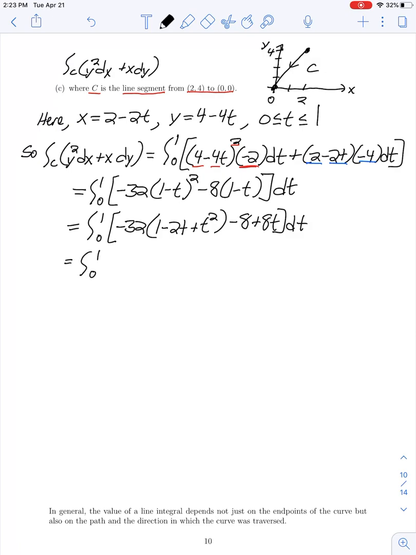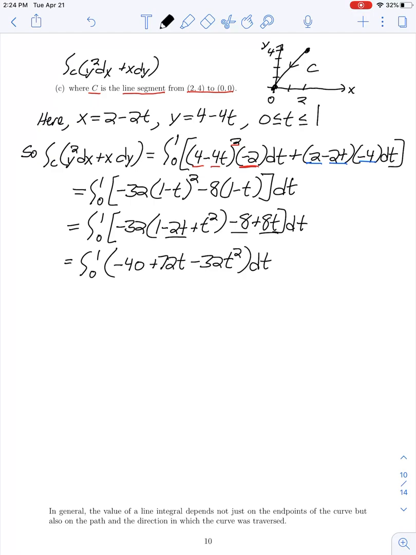So distributing the -32, we have -32, then -8 gives us -40. Then -2t times -32 gives us 64t plus 8t, so altogether 72t, and then minus a 32t squared, dt.